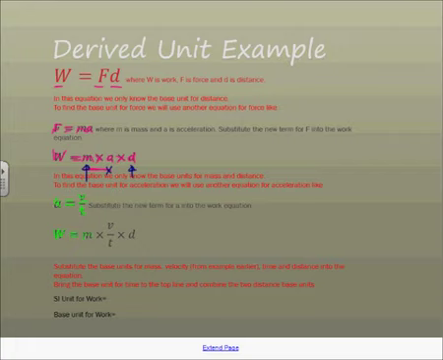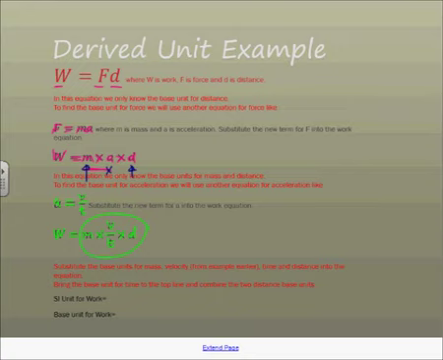You get work equals mass times velocity divided by time, multiplied by distance. Now, we already know the velocity derived unit from the last slide, so we'll substitute that in for velocity. So I think we can actually put in units for this equation. All the quantities in this equation, we can substitute in base units.